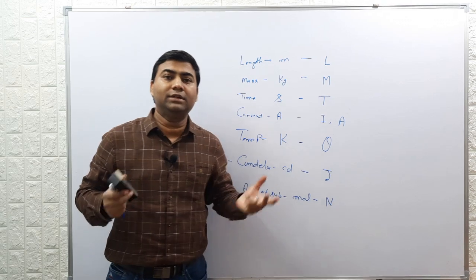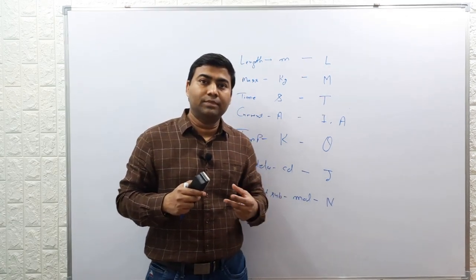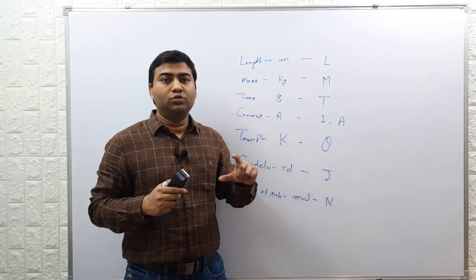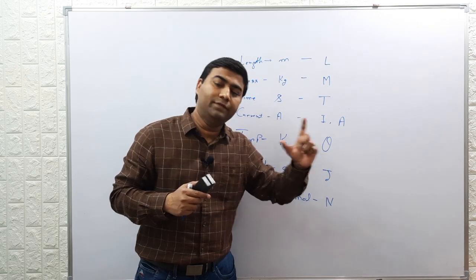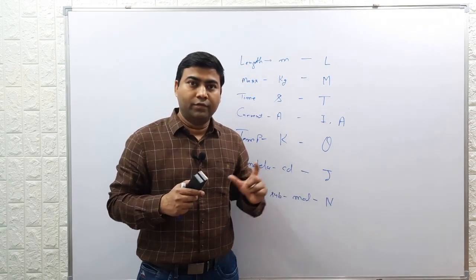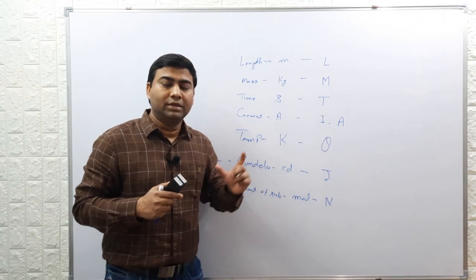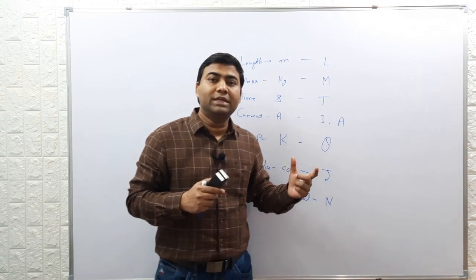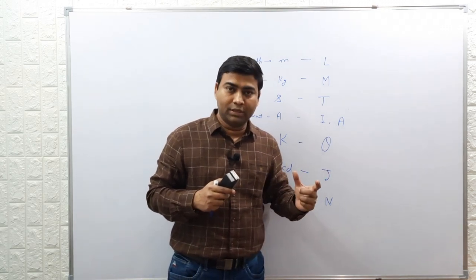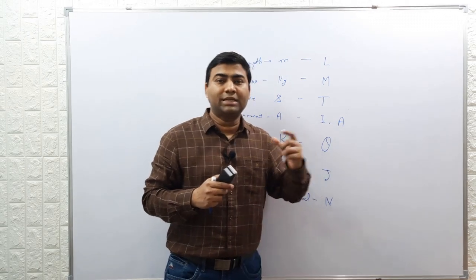We know there are different systems of units: CGS system, FPS system, SI system, and for any physical quantity you will have different representations in terms of units in different systems. For example, for force, in the SI system it is Newton, in the CGS system it is dyne. Newton is represented as kilogram meter per second square, and dyne as gram centimeter per second square.